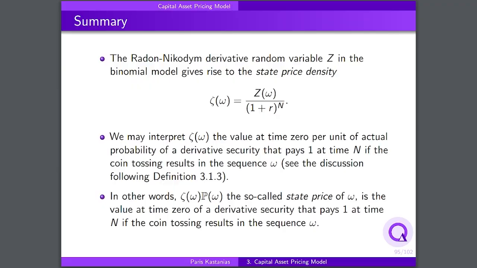The Radon-Nikodym derivative random variable Z in the binomial model gives rise to the state price density, which is that value there. We may interpret the zeta function as the value at time 0 per unit of actual probability of a derivative security that pays 1 at time N if the coin toss results in the sequence omega.